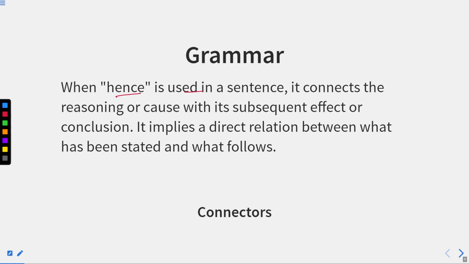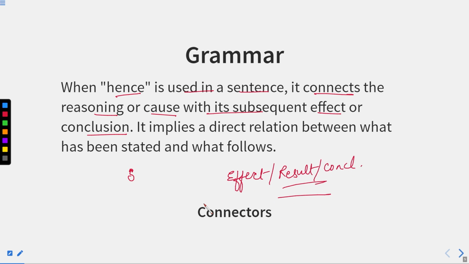When hence is used in a sentence, it connects the reasoning or cause with its subsequent effect or conclusion. So here, whatever the statements are given to you, and after that, there is an effect, there is the result which you get, there is some conclusion that you get, you write that particular part. And here we have a word hence.